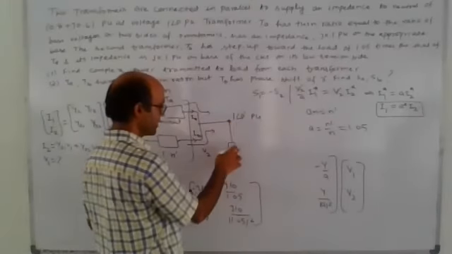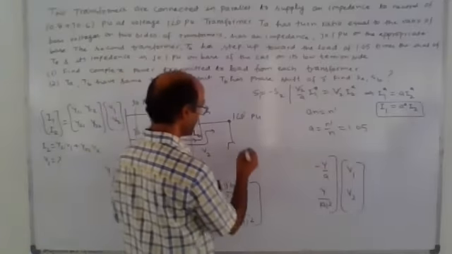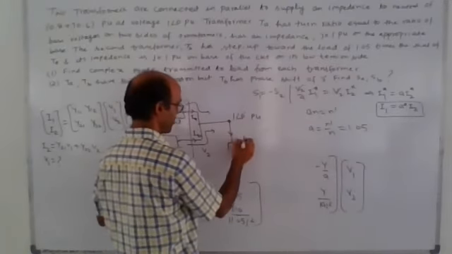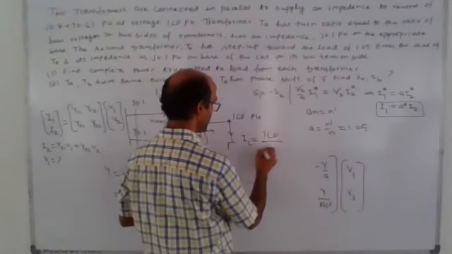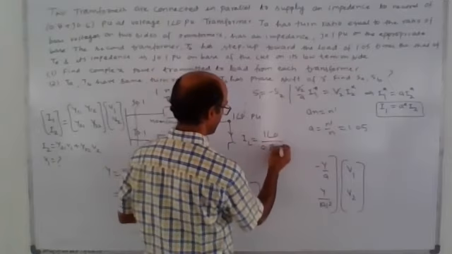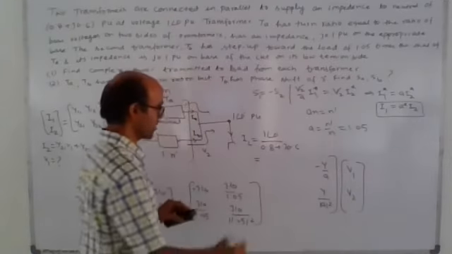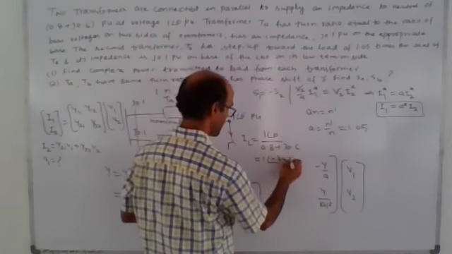Since this voltage is given, admittance is given, so we can find current I. So what is the I2 or IL? Voltage 1 angle 0 divided by impedance, that is 0 plus j 0.6. So we are getting this value 1 angle minus 36.86 degree.